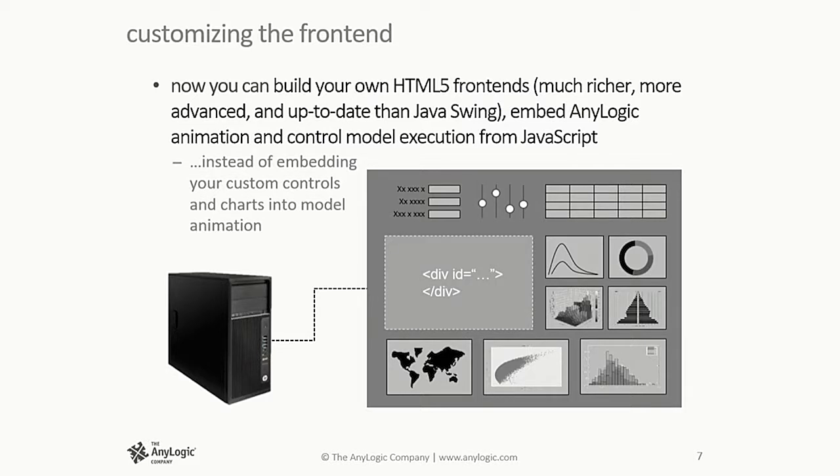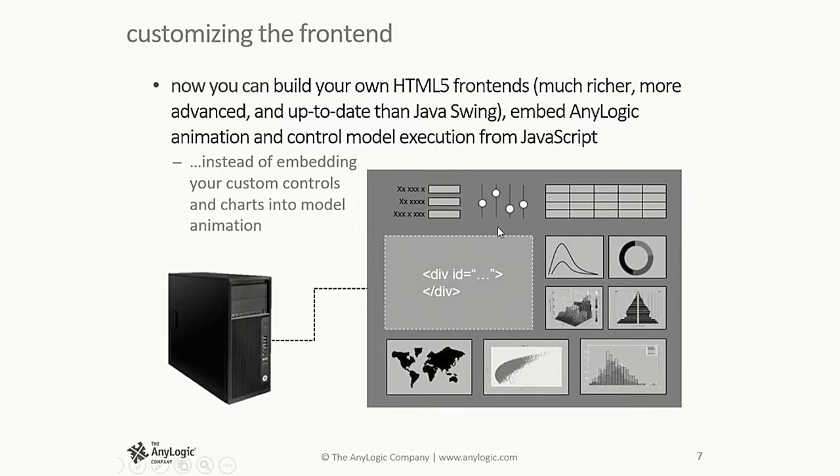So from now on, you will be able to create your own HTML front ends, which is much easier, and they will look for sure much nicer than Java front ends. And you will be able to insert AnyLogic animation into HTML front ends. So it's a slightly opposite architecture.